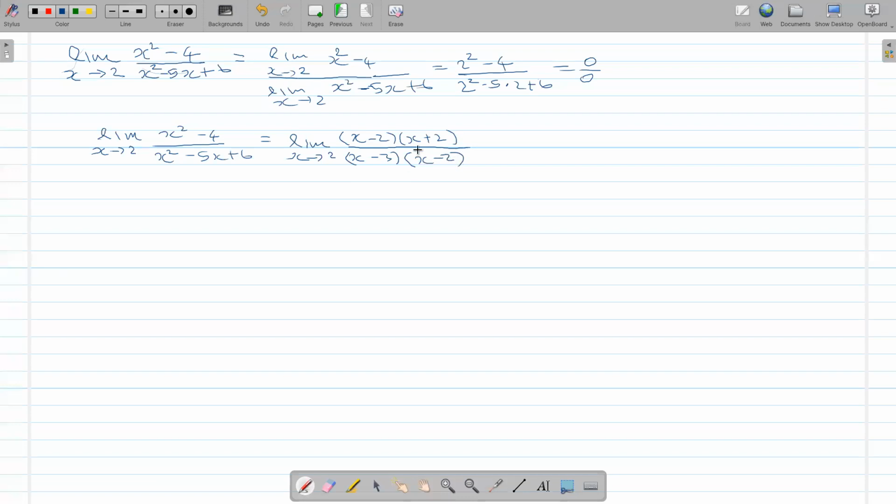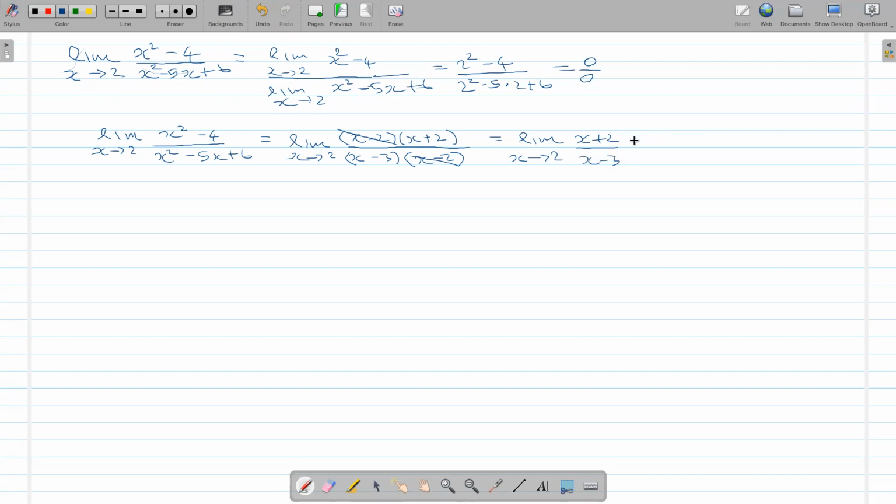This is from the factoring methods. So x minus 2 and x minus 2 cancel out, and I am left with x plus 2 over x minus 3.